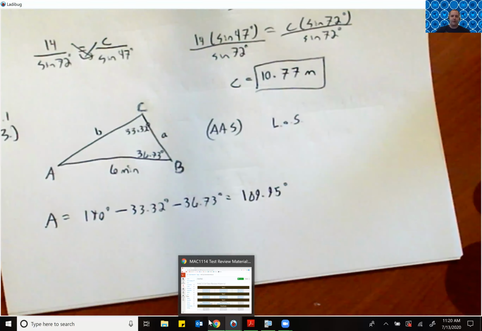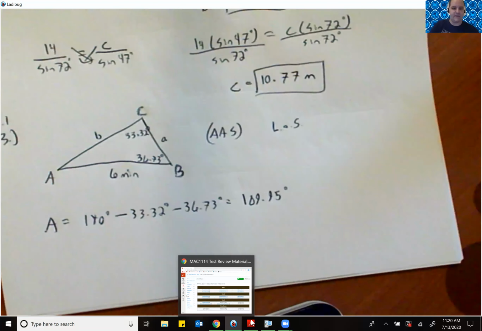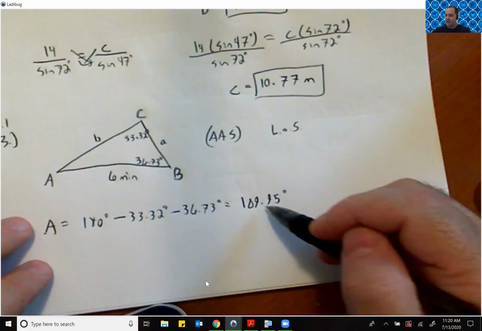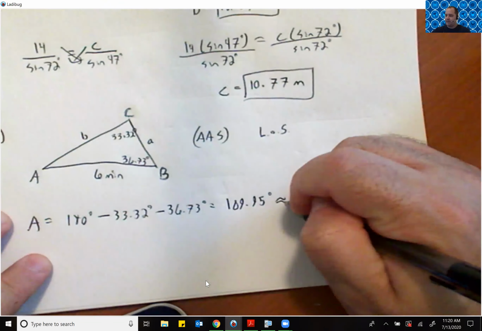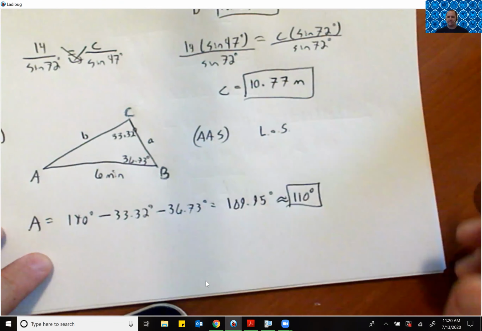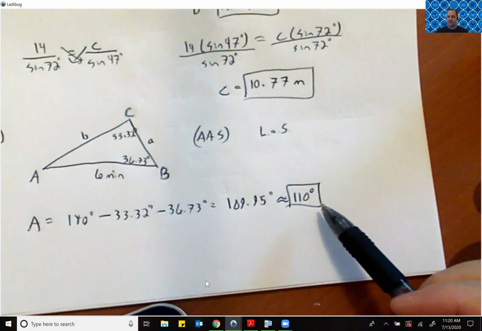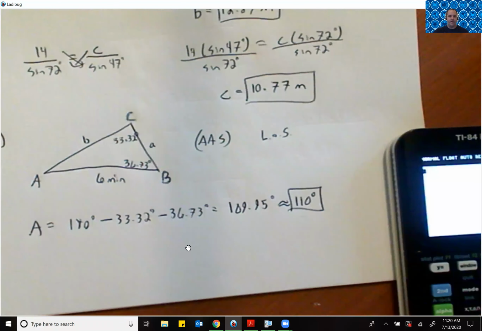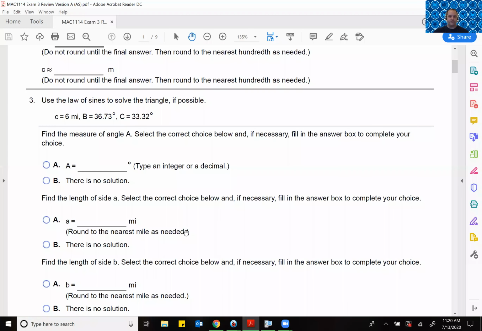And I'm sure it's going to want us to round to 2 decimal places. Actually, it says type an integer or a decimal. So this 109.95 is actually going to become 110 degrees. Be careful about using that if you plan to use it, because this is a rounded answer to use to get other rounded answers that you're going to see here in a second. Everyone else says round to the nearest mile, so whole number.